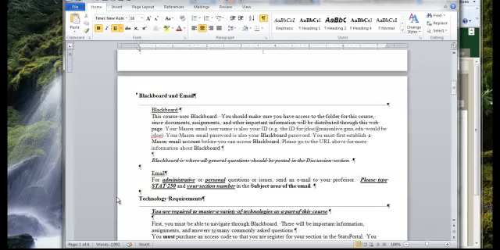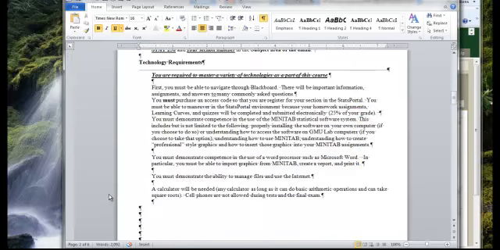The technology requirement for this course is very large, and that can be overwhelming to people when they first start Stat 250. First, you have to be able to navigate on a computer and the web. You have to be able to get to Blackboard, where you're going to get all your information and all the course materials and course information.